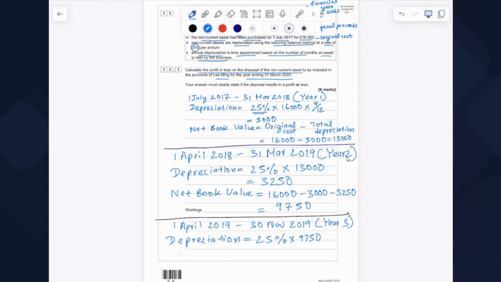So that's 8 months in total. So we are going to multiply 8 over 12, again, to reflect the fact that the 25% needs to be adjusted for 8 months out of the total 12 months that we have in a given financial year. So once we do that, for the third financial year, the depreciation expense that we derive is 1,625.